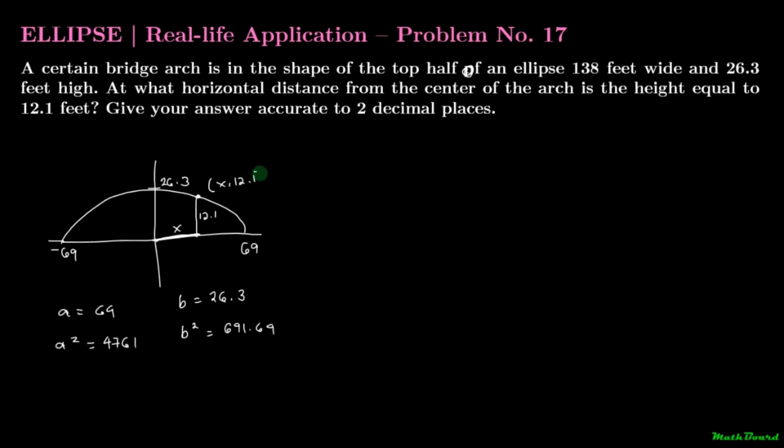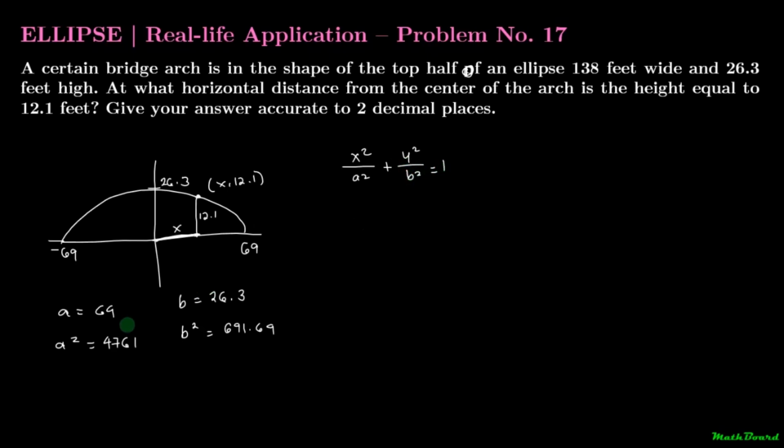So, x, 12.1. Makukuha naman na natin yung equation dyan, kasi meron tayong a squared at saka b squared. Ellipse yan na major axis is horizontal. Origin ang center. So, x squared over a squared plus y squared over b squared equals 1.